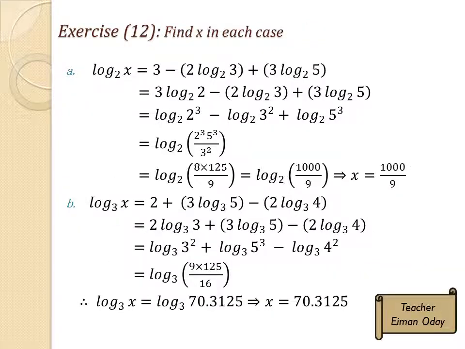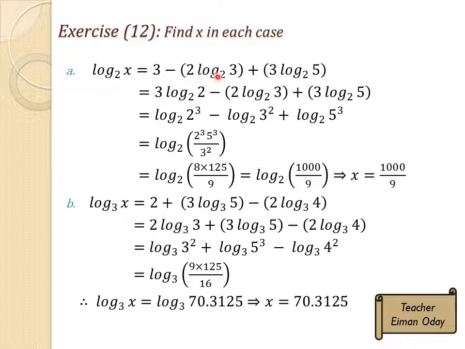On exercise 12, find x in each case. Now we will see log base 2 of x equals 3 minus 2 log base 2 of 3 plus 3 log base 2 of 5. Since the logarithms all have the same base 2, this is easier for me, but I need to solve the problem of this term.